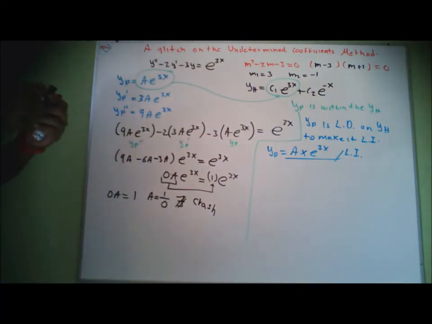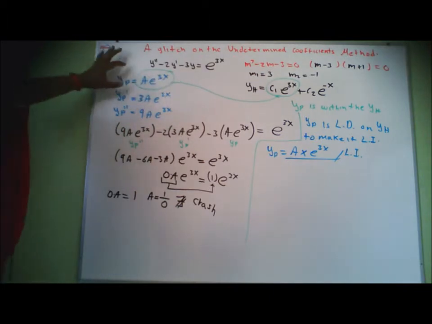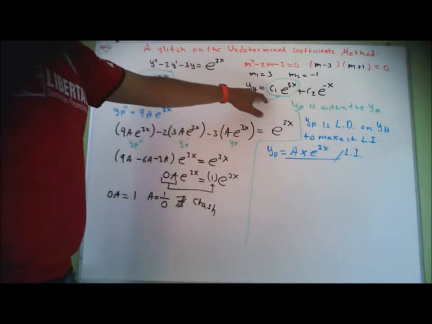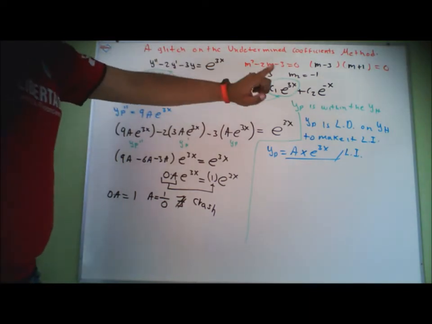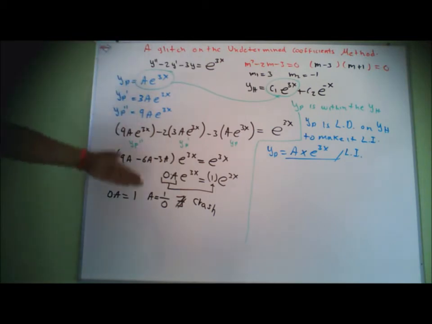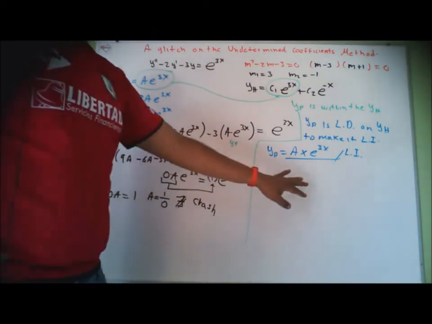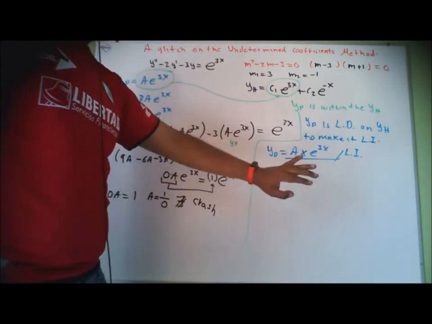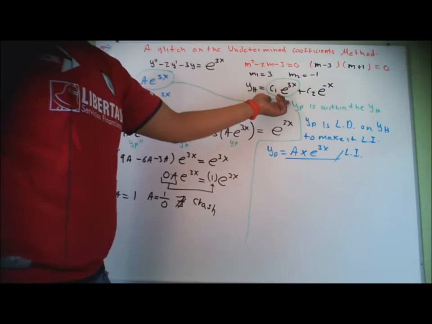That is why I usually calculate the homogeneous solution first, to see if my particular solution is linear independent from the homogeneous. If my particular solution is independent, then I proceed with the solution. But if it's not, then I multiply by as many x as necessary to make it linear independent. So this particular solution is not in the homogeneous.